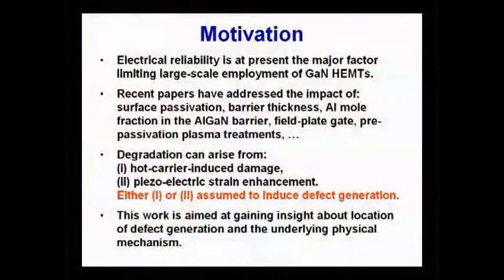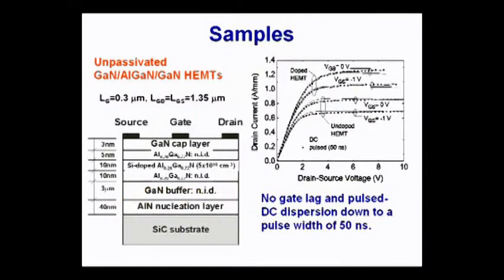So this work is aimed at investigating the location of trap generation in GaN HEMTs with the ultimate goal of providing insight about the physical mechanism triggering this trap generation. Samples are unpassivated GaN HEMTs.